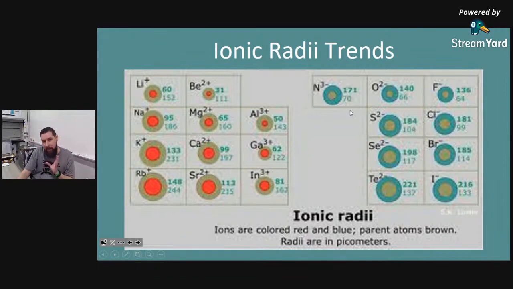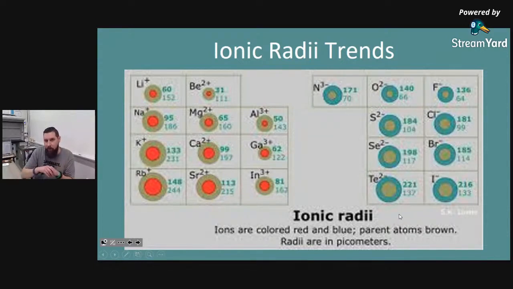When I look at my nonmetals that gain electrons and become anions, again, we see their radius increase when I compare neutral versus ion. But as I go across ion to ion, I still see a decrease in radius, but an increase as I move downwards.